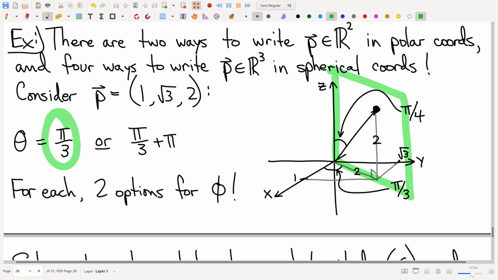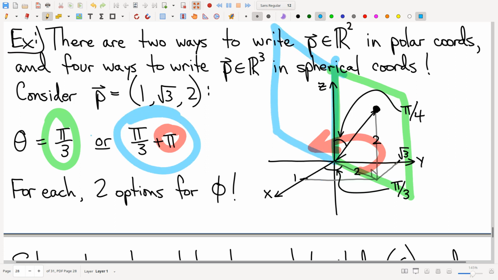And I'm going to let y'all think through the rest of the details of how to write the remaining spherical coordinates of the given point using theta equals pi over 3. But let me do, like I say, the harder part. Notice that if you add pi to that angle, that gives you this direction, 4 pi over 3. And I'm going to walk you through now how to think about the rest of the spherical coordinates from the point of view of that value of theta, 4 pi over 3.